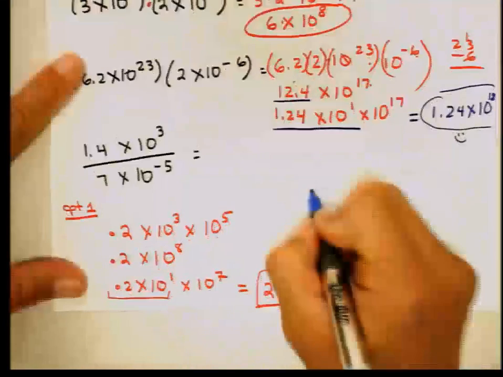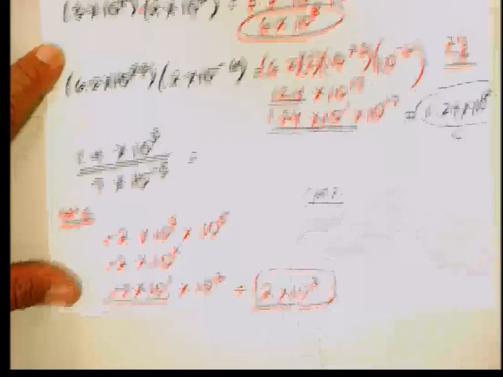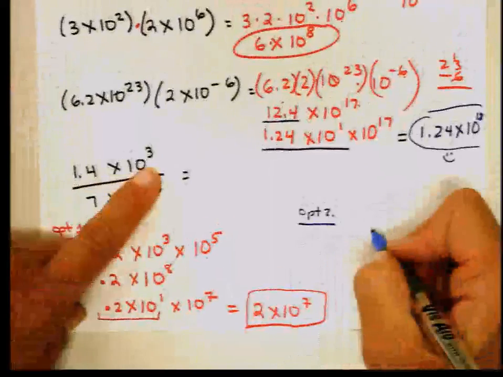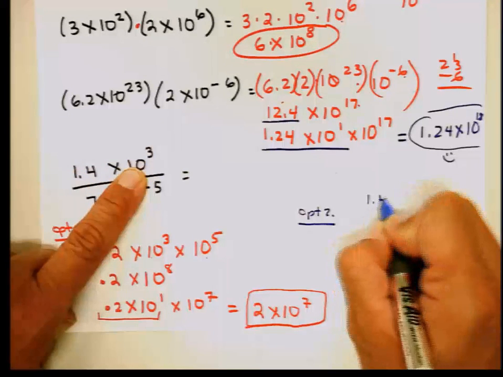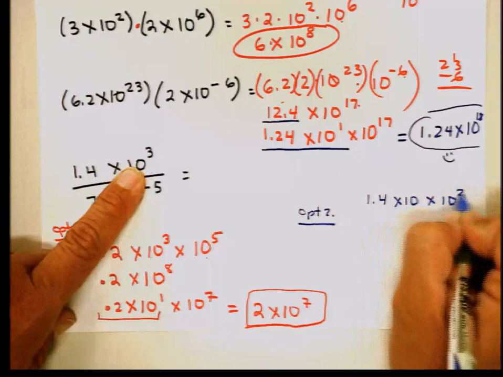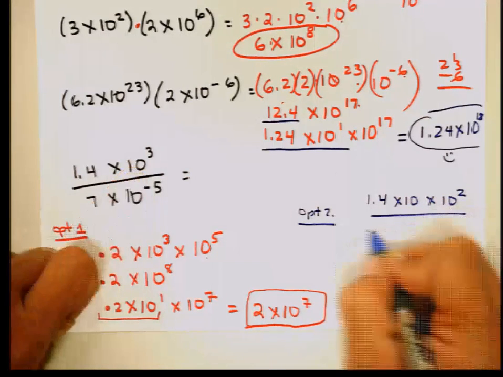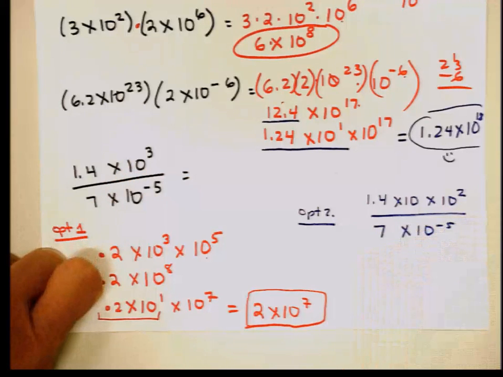Okay. So option 2, and I'm not going to probably have room to finish it, was I would have stolen one of these 10s from the top first. So 1.4 times 10 times 10 squared over 7 times 10 to the negative 5.